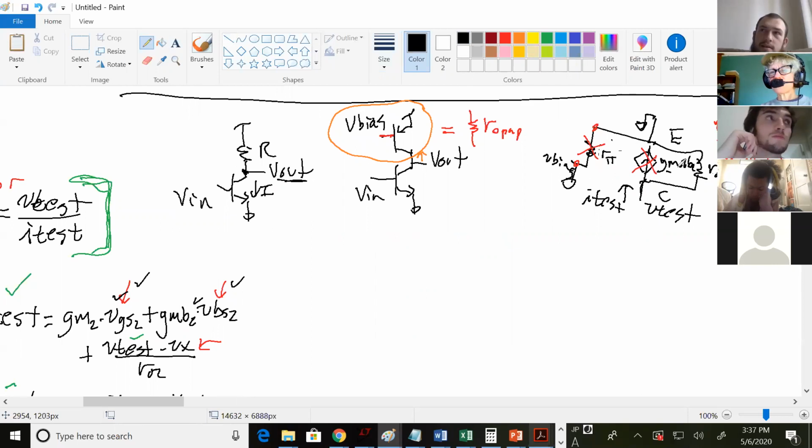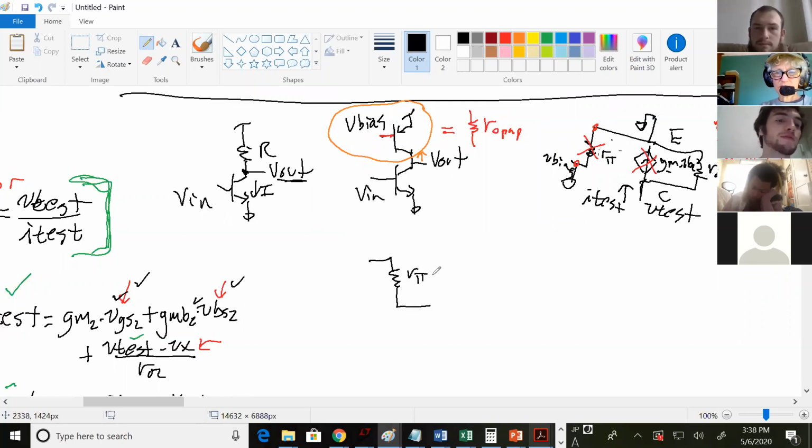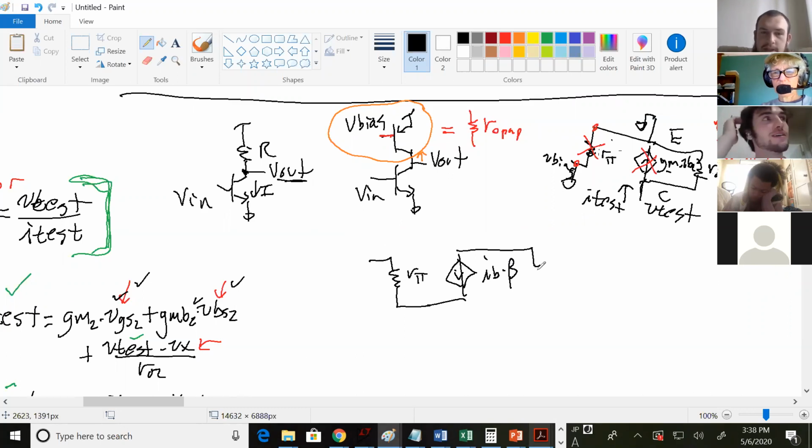In this class, I'm using this model for BJTs. There's actually a second model. And this is just fine to use, just not in this class.